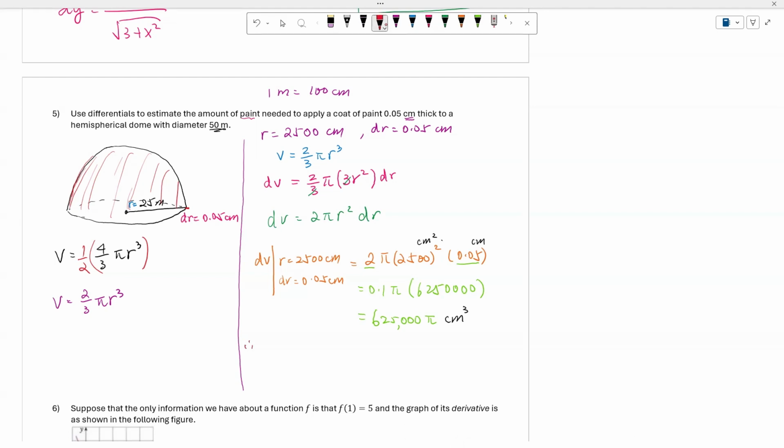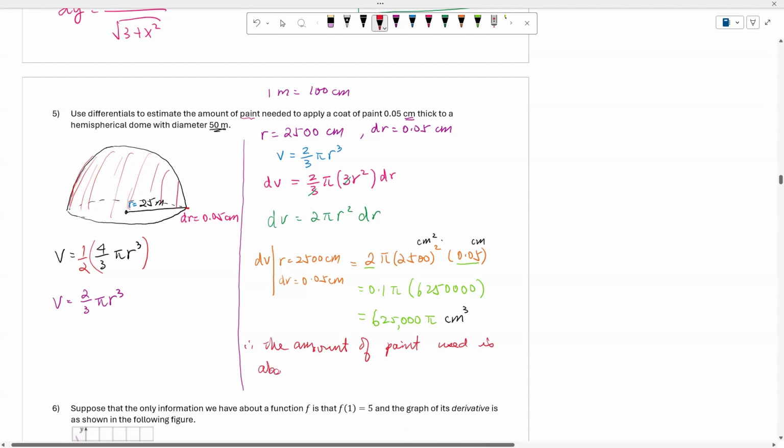So the amount of paint used is about 625,000 cubic centimeters. Now remember, this answer right here is an approximation.